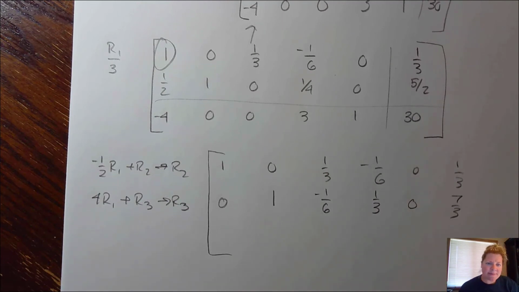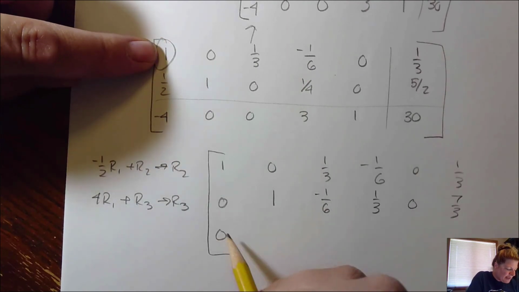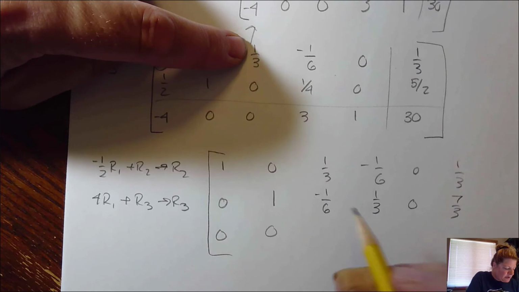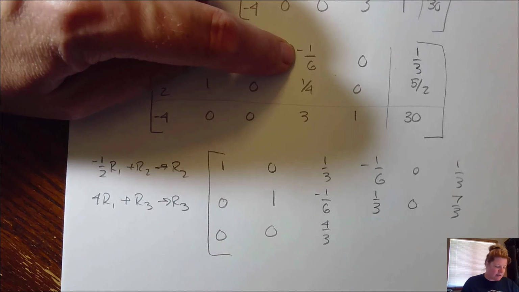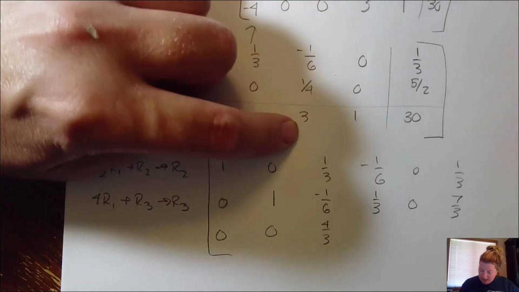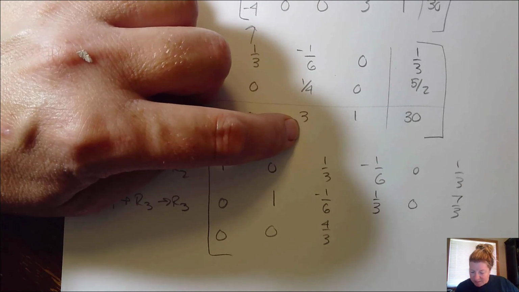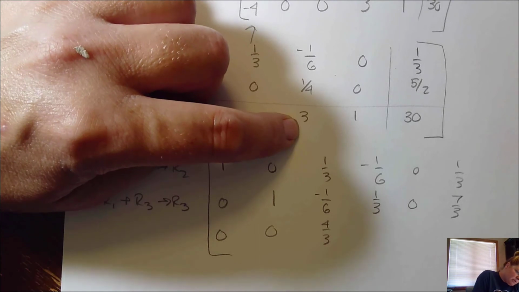Okay, bottom row, we times our 4 by the top and add. So this would be 0. 4 times that is 0. That 4 times 1/3 is 4/3, plus 0 is 4/3. 4 times negative 1/6 is negative 4/6, plus 3. So plus 3 is going to be what, 2 1/3 or 7/3?